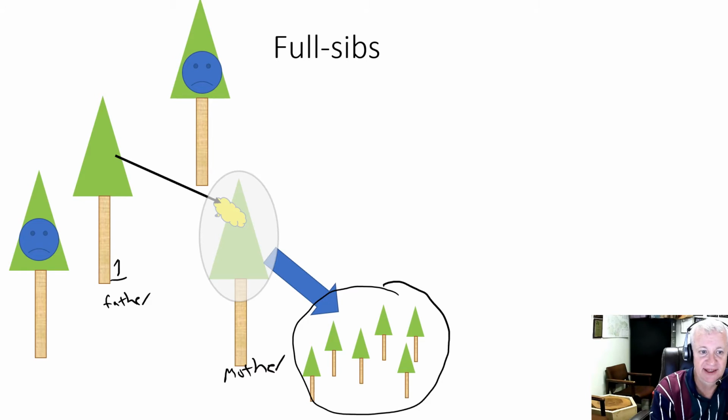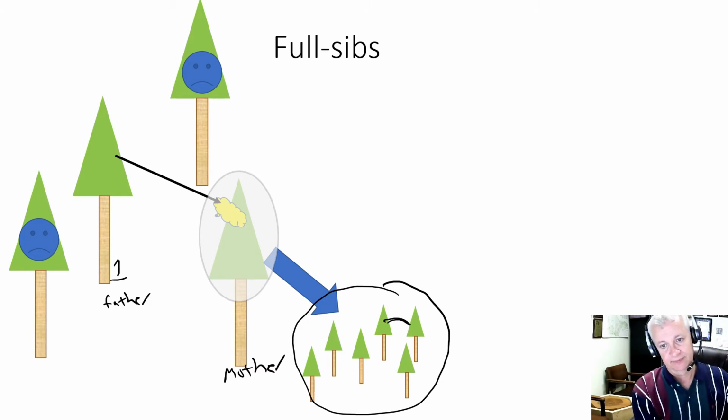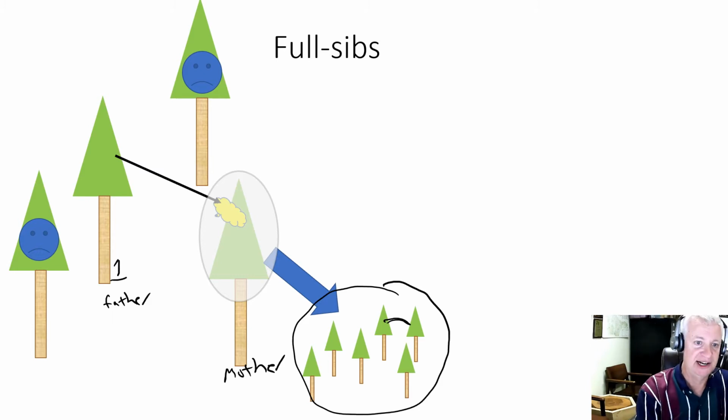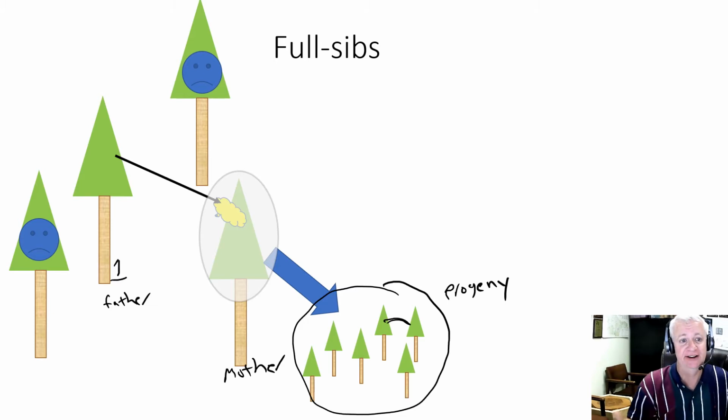So any two trees or any two progeny, so we refer to those offspring as progeny, share a mother and a father in common.